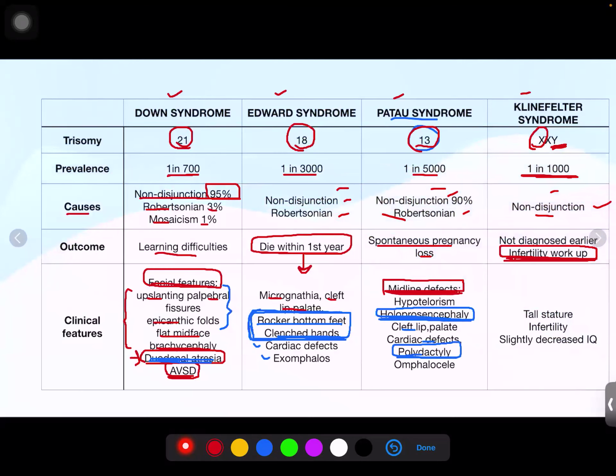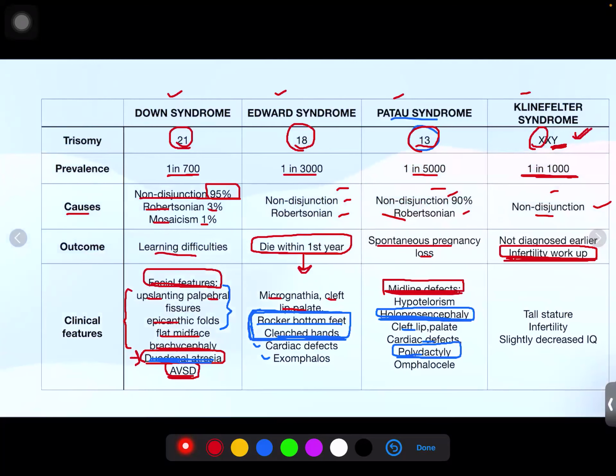You go for their hormonal workup, and then you see hypergonadotrophic hypogonadism, and then you will go for karyotype, and you will see that it's Klinefelter syndrome. So these are not diagnosed earlier unless you go for karyotyping, and that will be done during infertility workup.